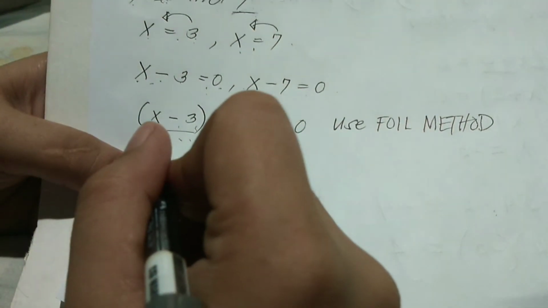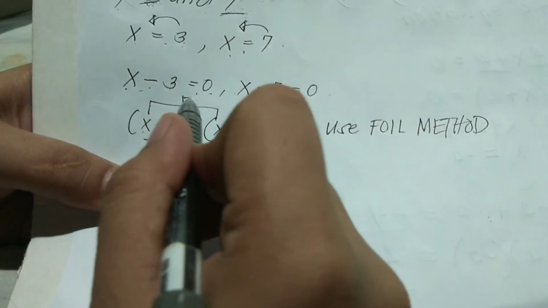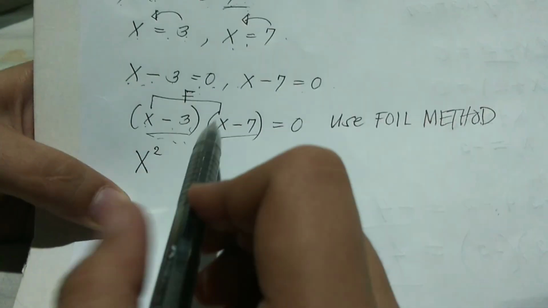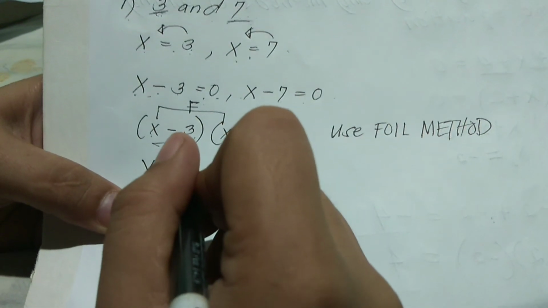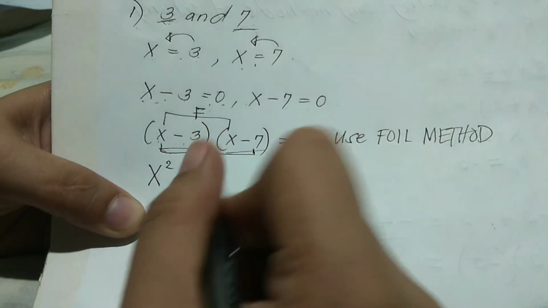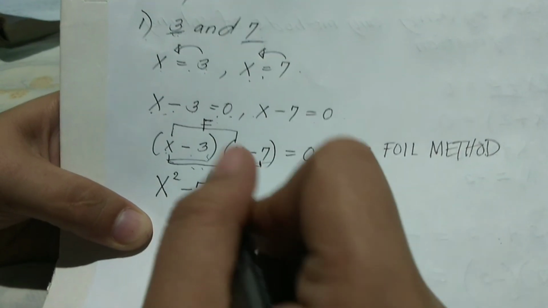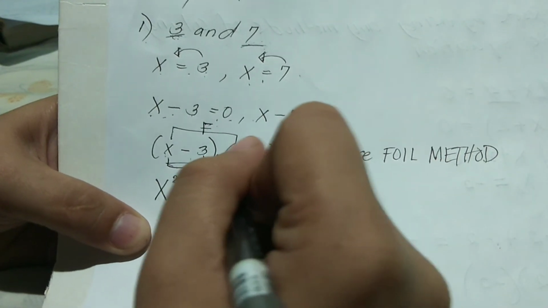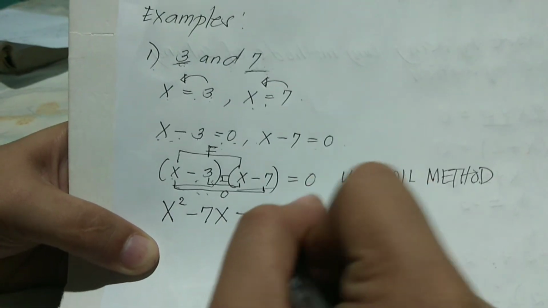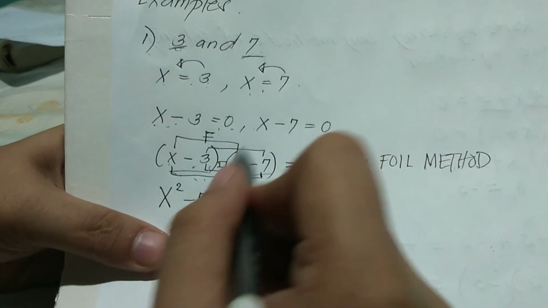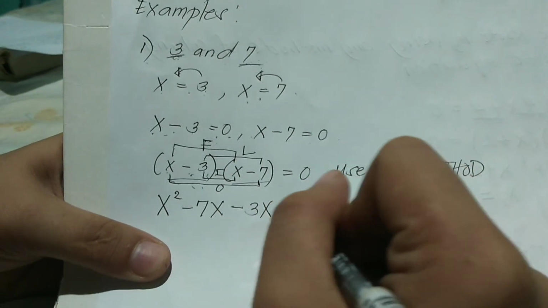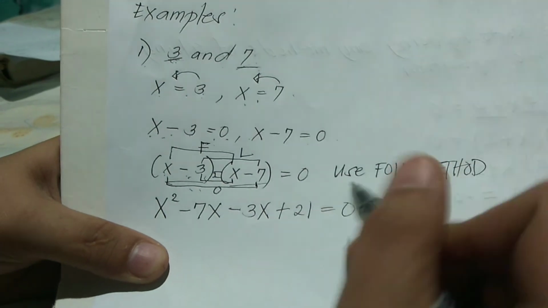Let's multiply. We have the first term, x times x is x squared. The outer term, x times negative 7 is negative 7x. The inner term, negative 3 times x is negative 3x. The last term, negative 3 times negative 7 is positive 21 is equal to 0.